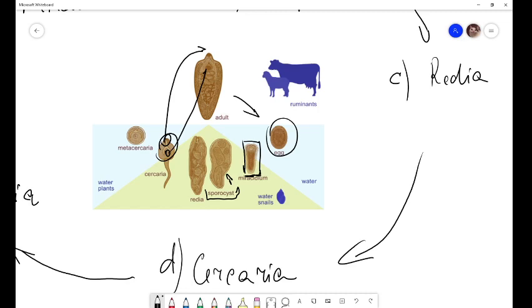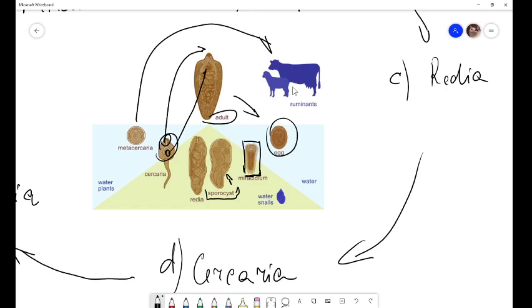And after that, the metacercaria goes to the final host, and it grows to the adult form.